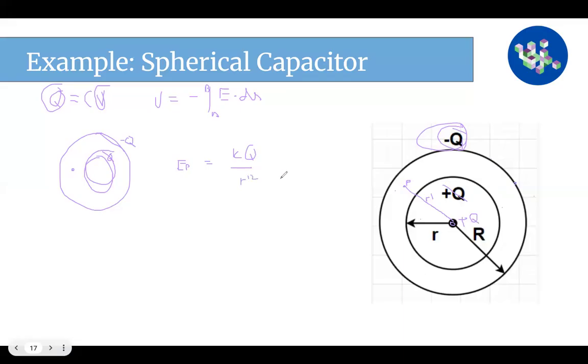So if I wanted to find the potential difference between here and here, I have this formula.